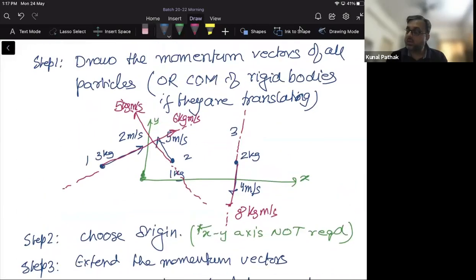So what I do is I drop a perpendicular from the chosen origin onto this. I will call this R1. I will call this R2. I will call this R. Same like torque, exactly like torque.